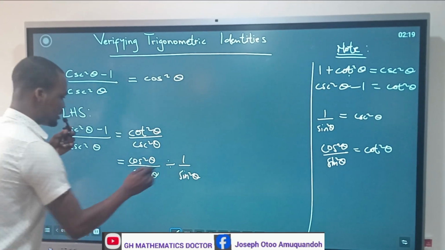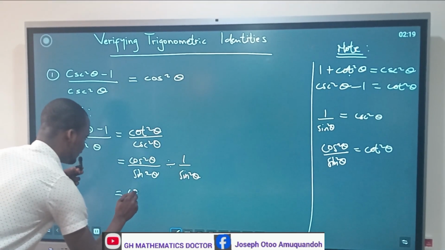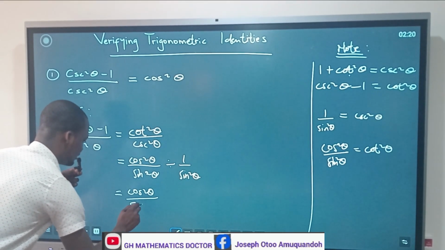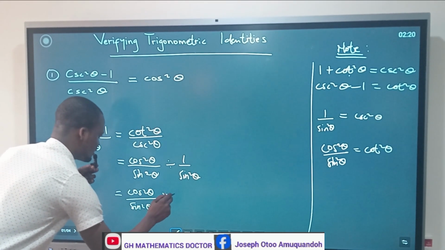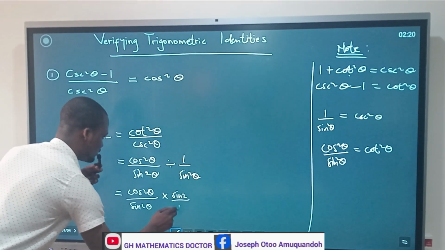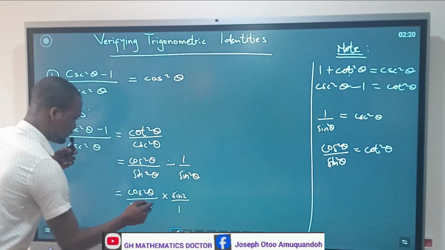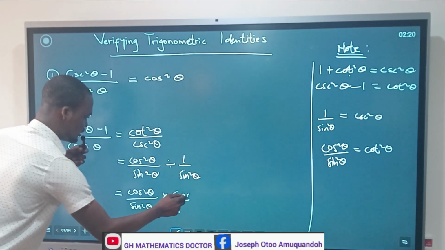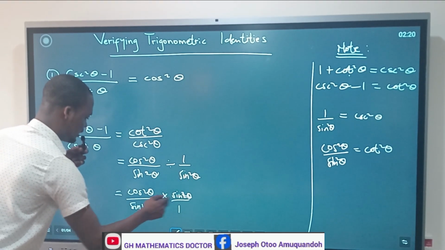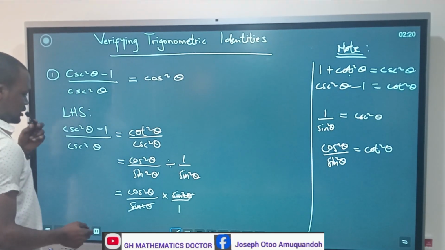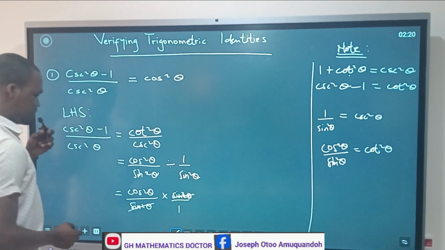So we're going to reciprocate the second fraction. So we have cos square theta over sine square theta times sine square theta over 1. So over here we'll have sine square theta here and sine square theta here. So I'm going to cancel out the common identity.